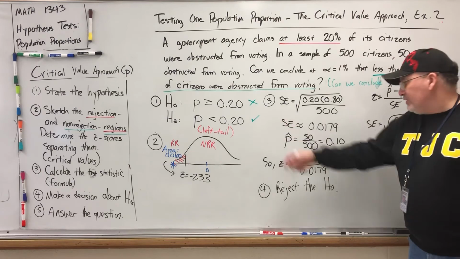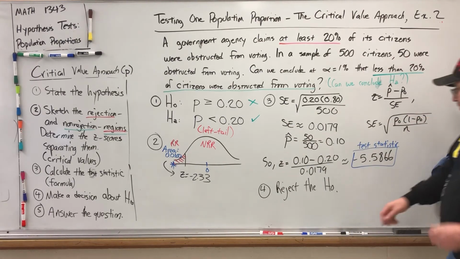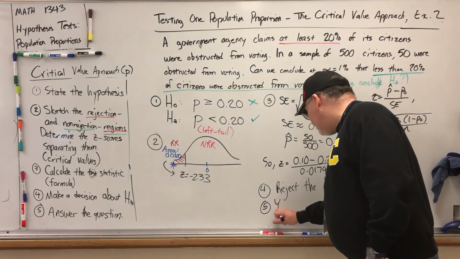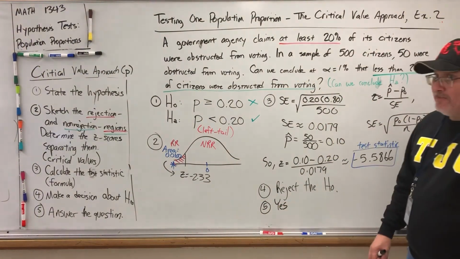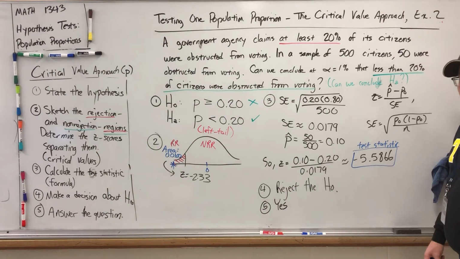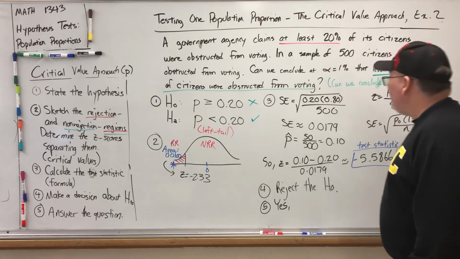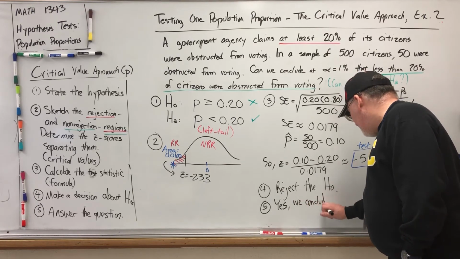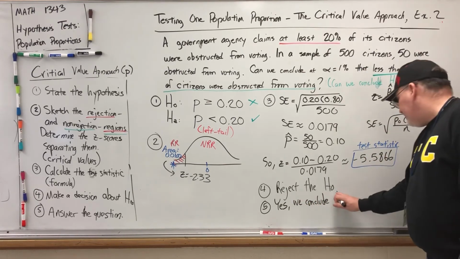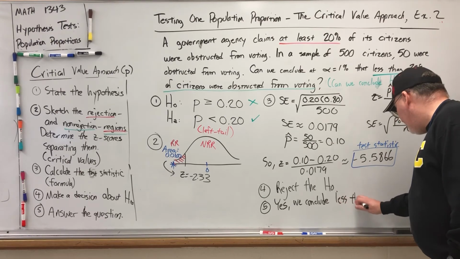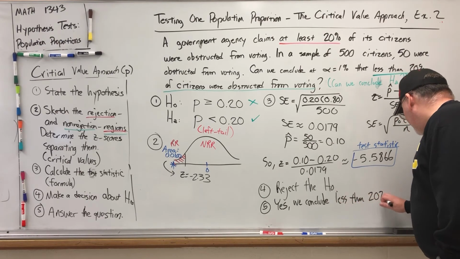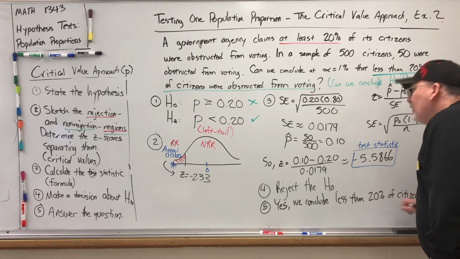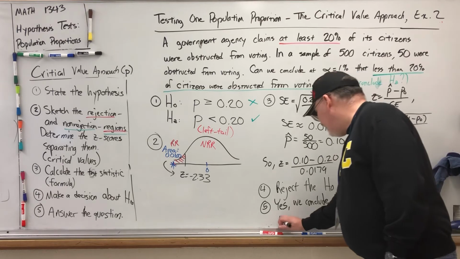We accepted the alternative hypothesis. So can we conclude that? The answer is yes. For my students, I will ask you to answer the question in the context of the problem. Saying yes is not contextual. It's just the beginning. Yes, we conclude less than 20% of citizens were obstructed from voting.